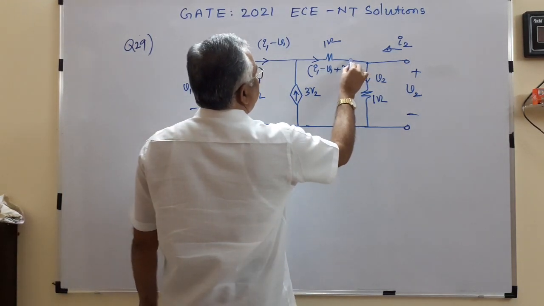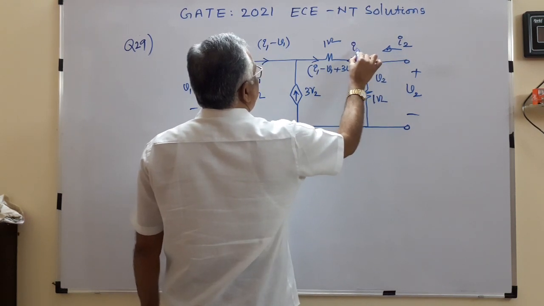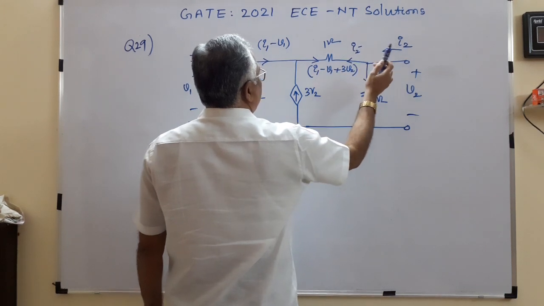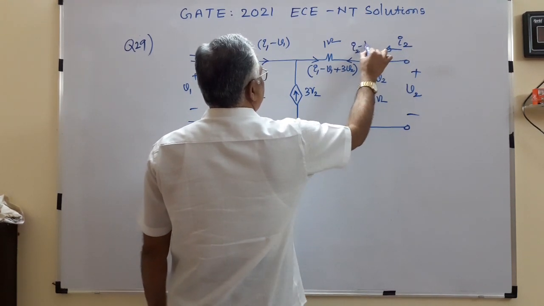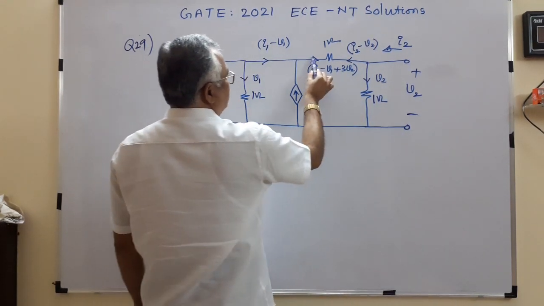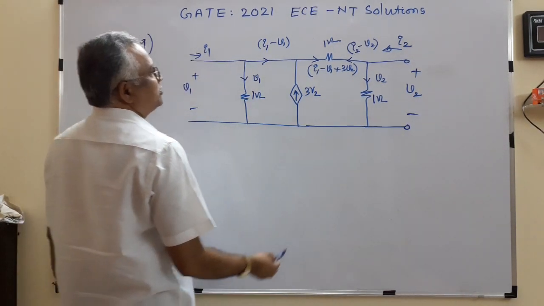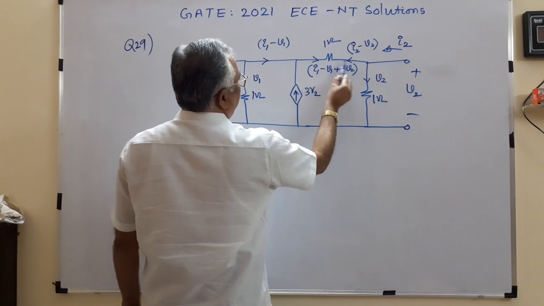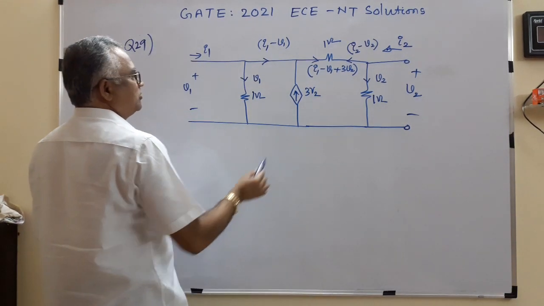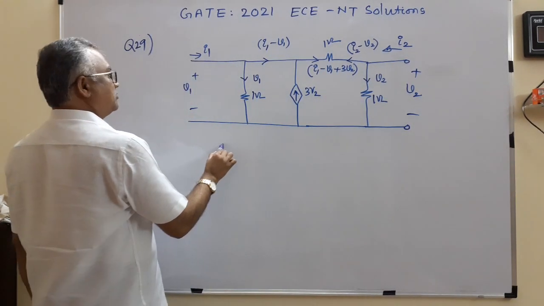And what is this current? It is I2 minus V2. Or this plus this equals V2, either way. So what is one equation we can write? These two are flowing in opposite directions, or this current plus this current equals this. That may be better.